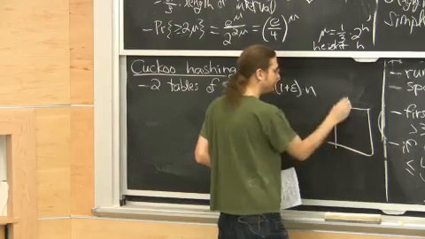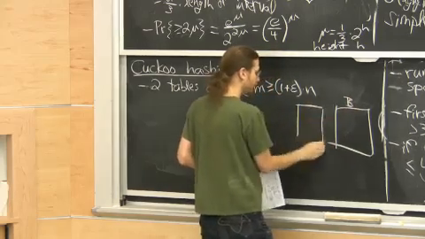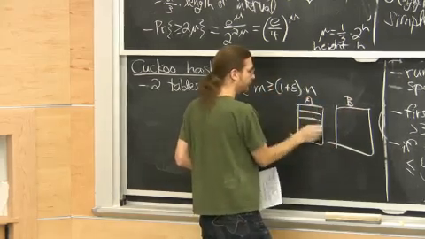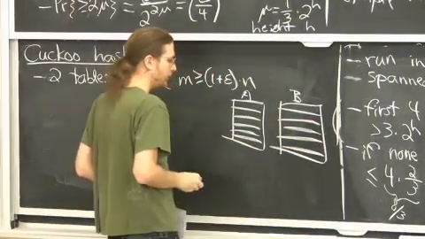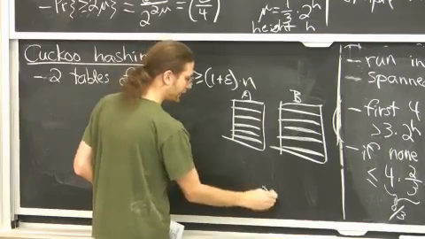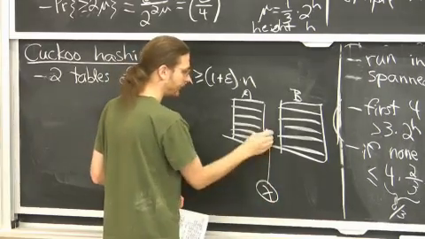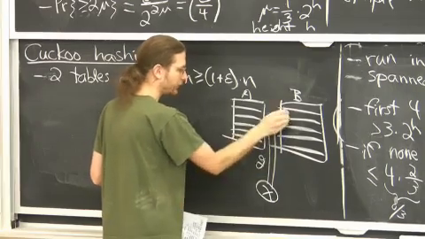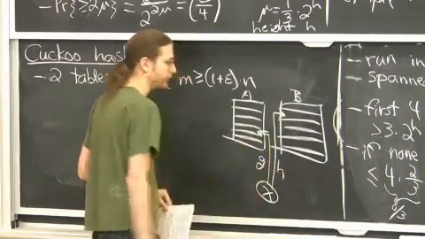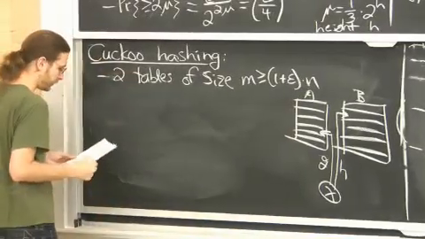So we've got B over here, and we've got A over here. And if you have a key X, you hash it to a particular spot in A via G, and you hash it to a particular spot in B via H. So I have 2 hash tables, 2 hash functions.